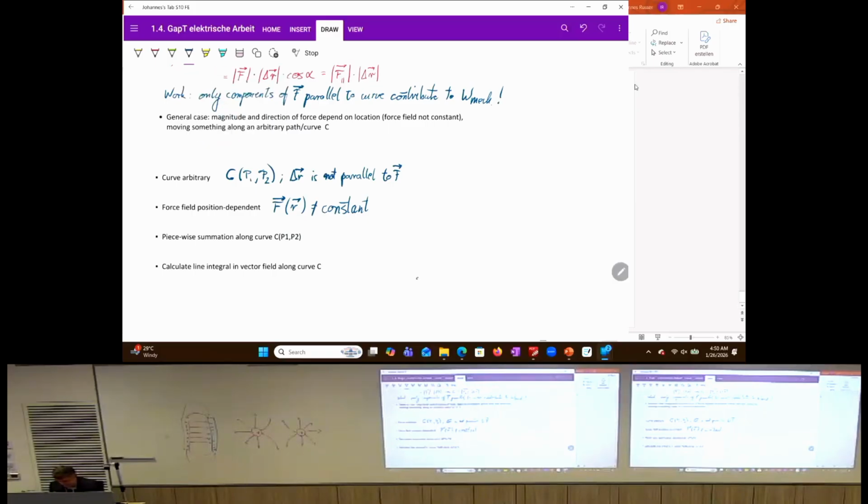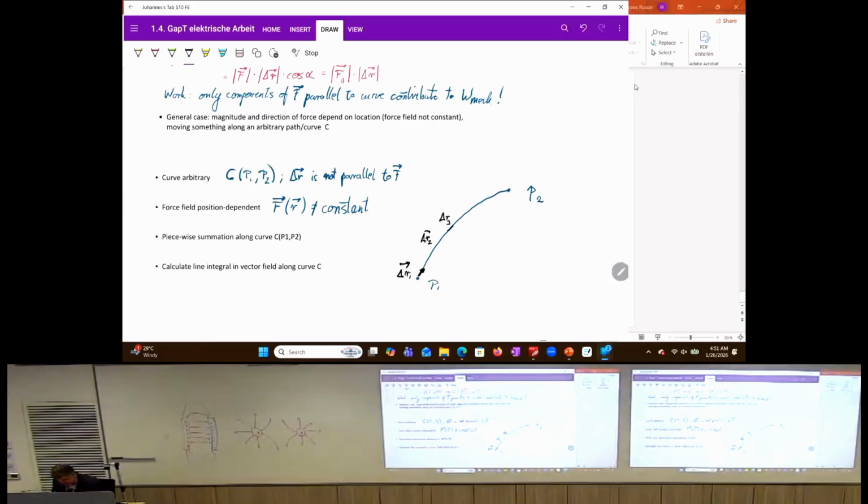You have some curve that runs from P1 to P2. And at every point here, you have your first element, delta r1. Then you get your second element, delta r2, delta r3, and so on, depending on how in the end you transition into infinitely many.